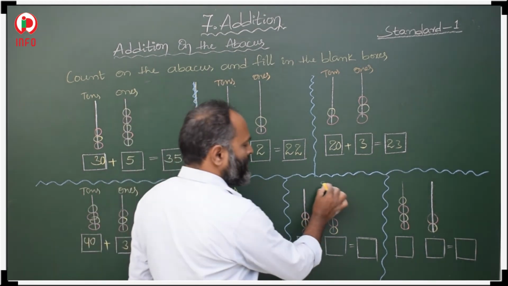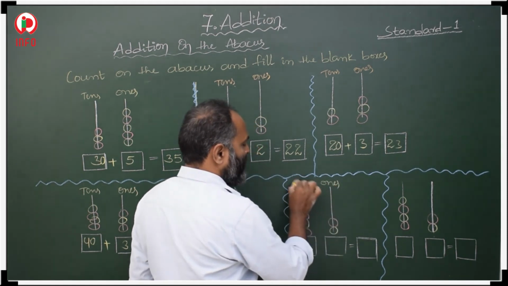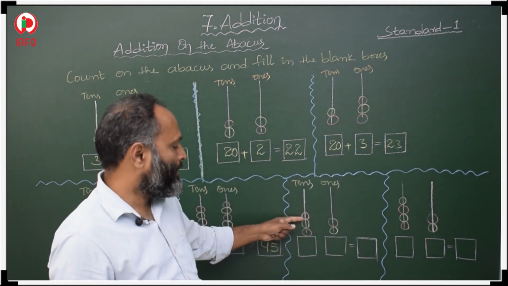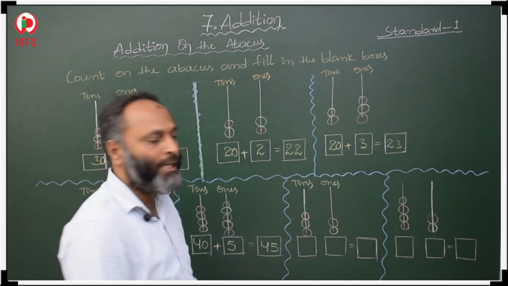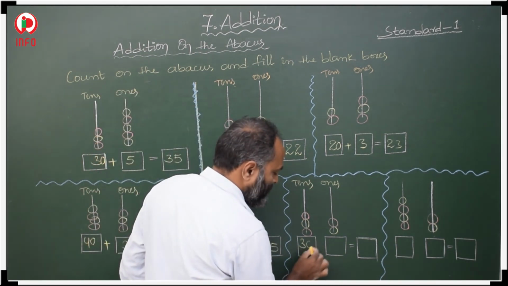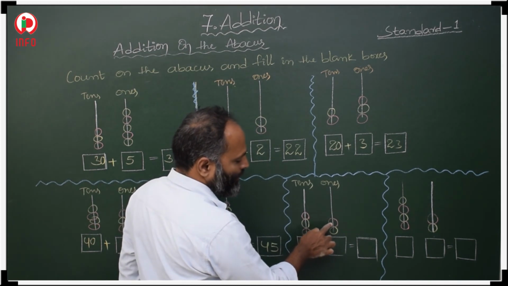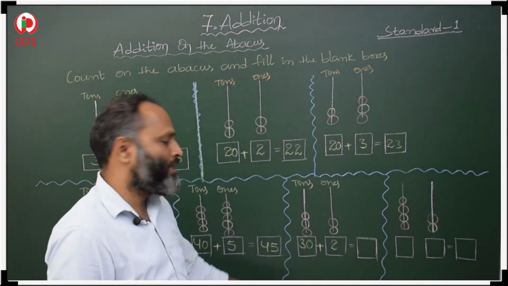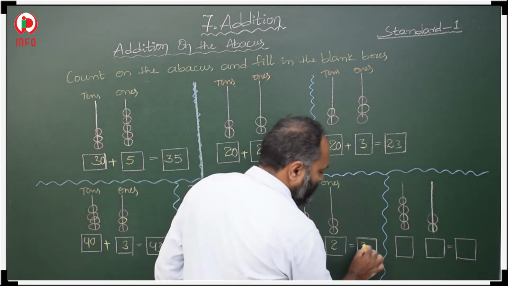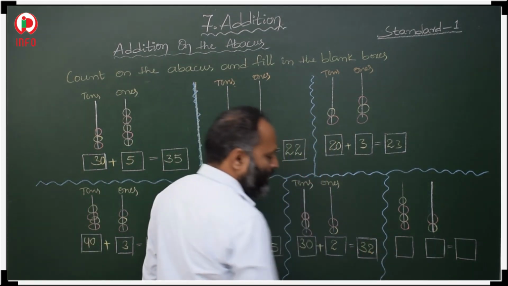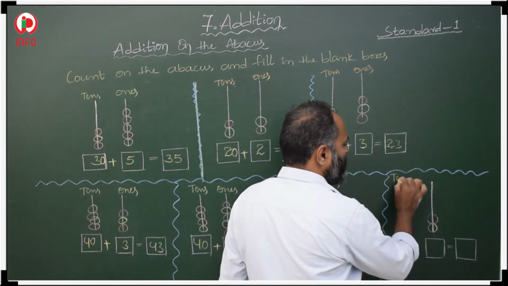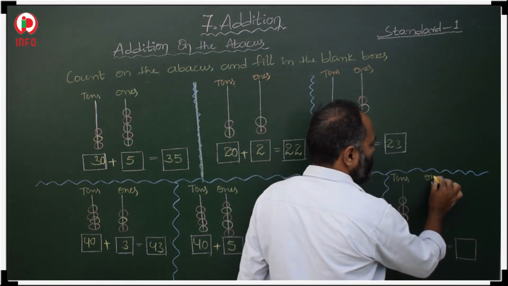Then ones, tens. How many tens are there? 1, 2, 3. 3 tens, 30. How many ones are there? 1, 2. 30 plus 2 is equal to 32. Here tens, here ones.